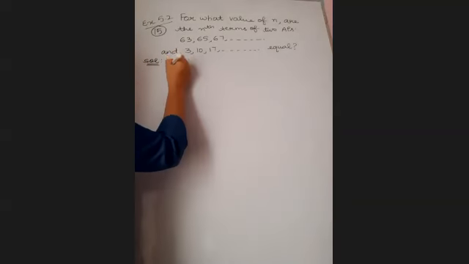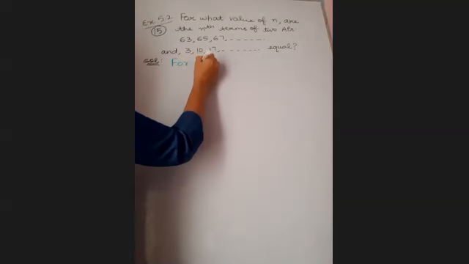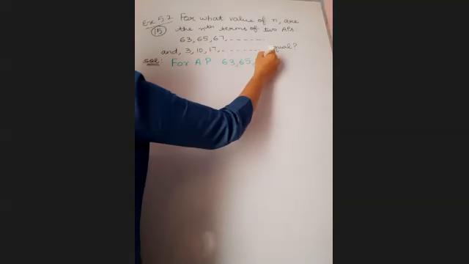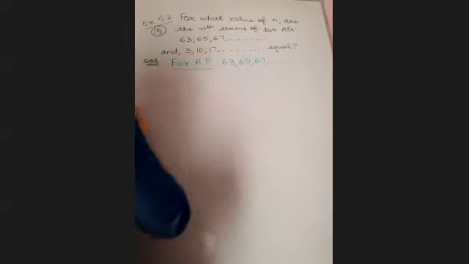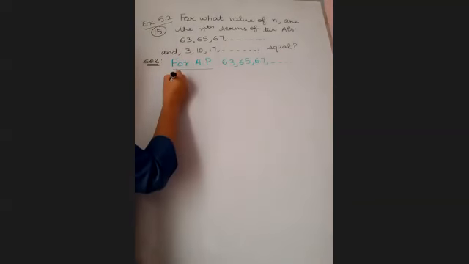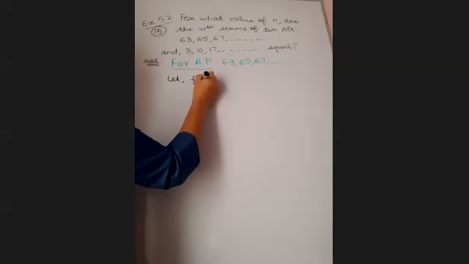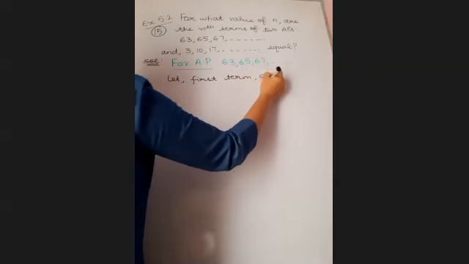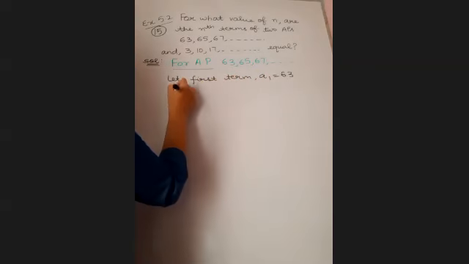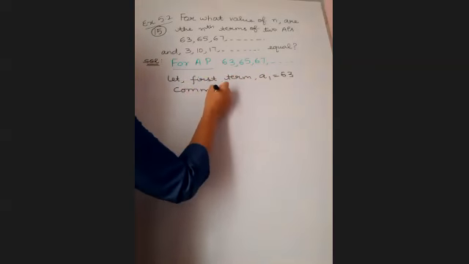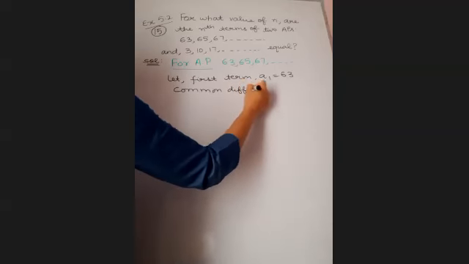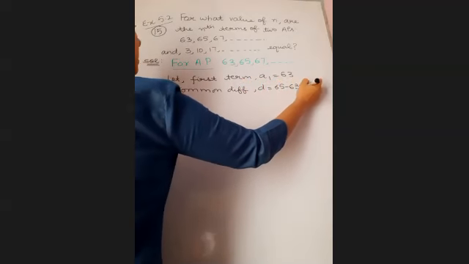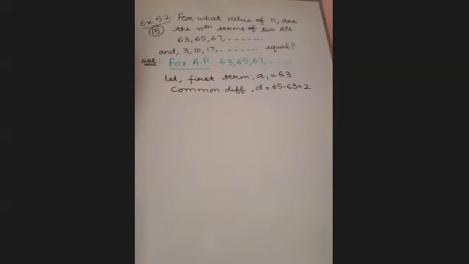For the AP 63, 65, 67, and so on, let the first term A1 be equal to 63, and the common difference d be equal to 65 minus 63, which is 2.